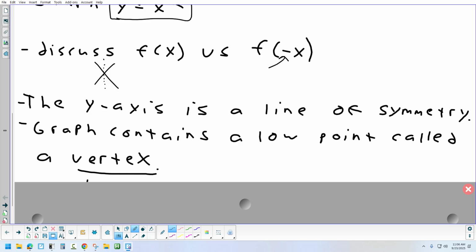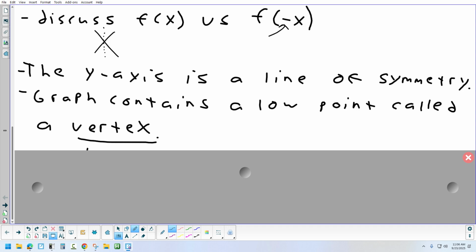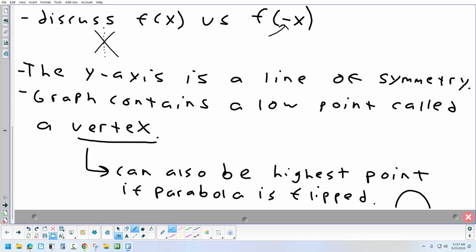So we mentioned earlier that that lowest point on the graph is called a vertex. Now, when you draw a parabola, does the vertex always have to be at the bottom? Where else could it be? It can be at the top. Yeah, it could be at the top if you flip it. Right? So this is a vertex up there too.